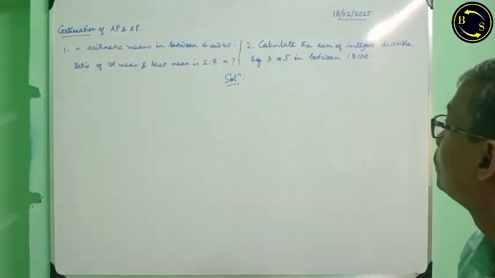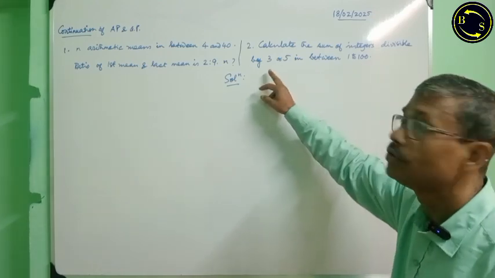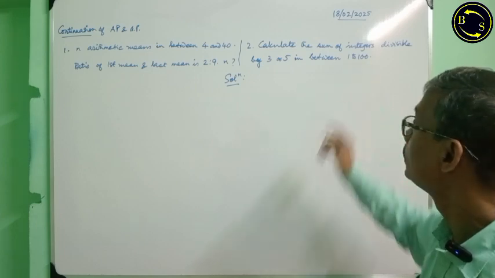Next sum, we have to find the sum of the integers divisible by 3 or 5 in between 1 to 100.